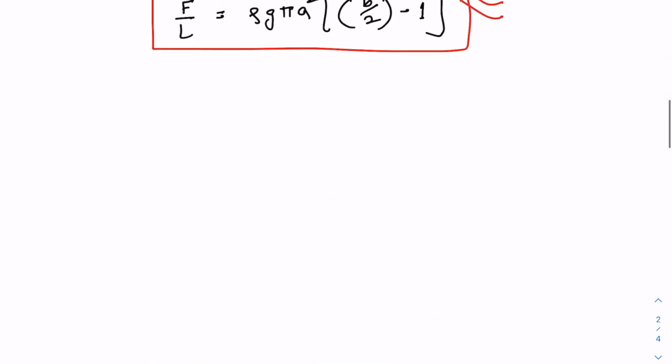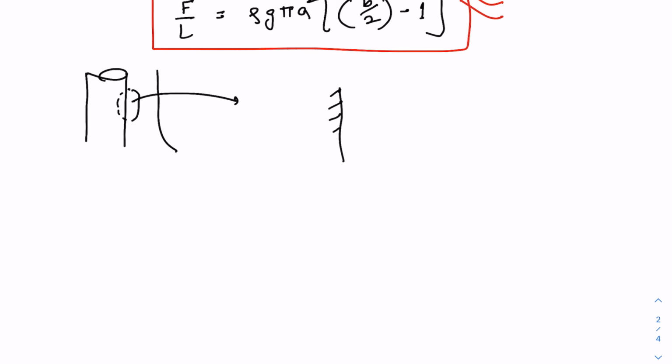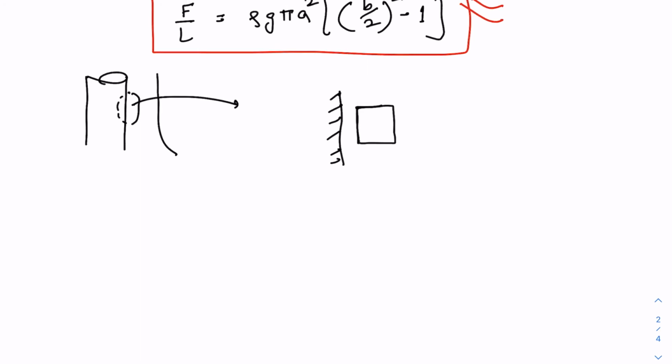But if you now zoom in closely near the rod and draw a fluid element here, the direction of shear stress on this fluid element is, this is positive r, positive z.